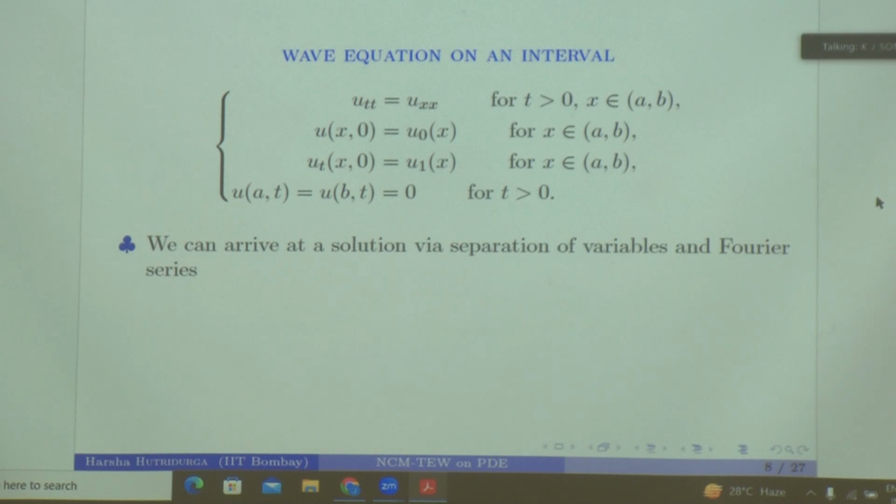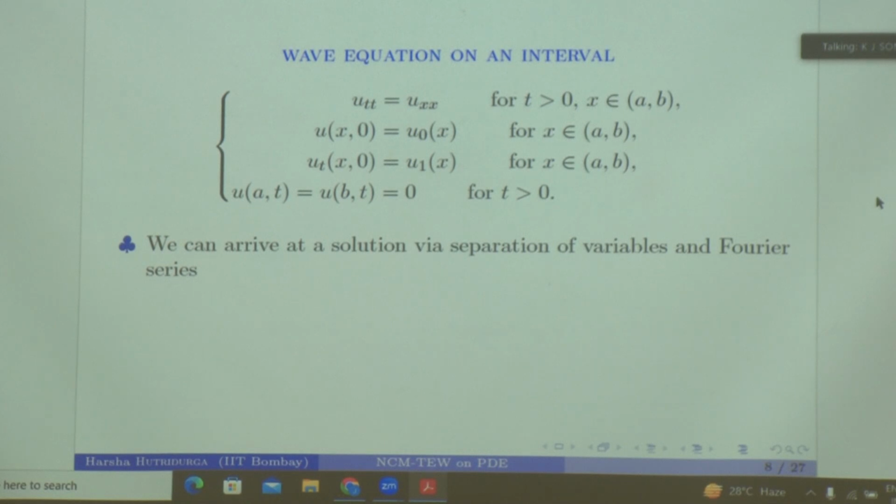Because any other point I pick, for example this point here, I draw the line of slope 1, I land here, there is trouble. Of course the line of slope minus 1 may land here, but we have no information about the data for this patch of the interval, and D'Alembert's formula will break down.